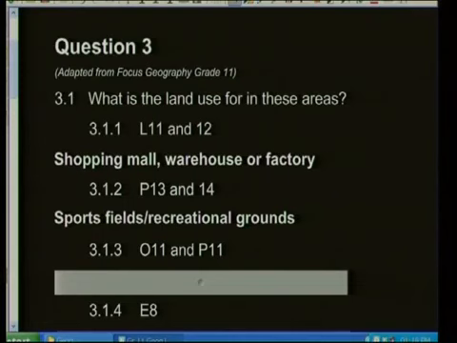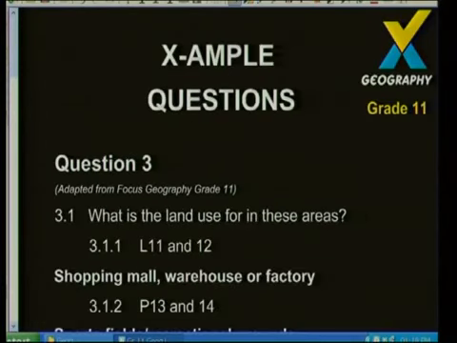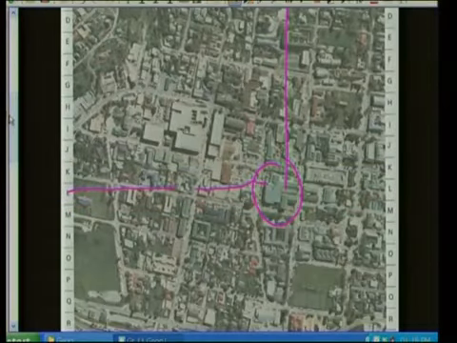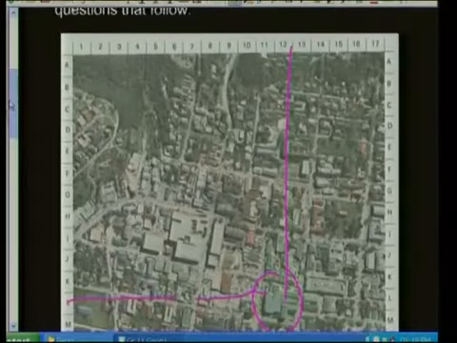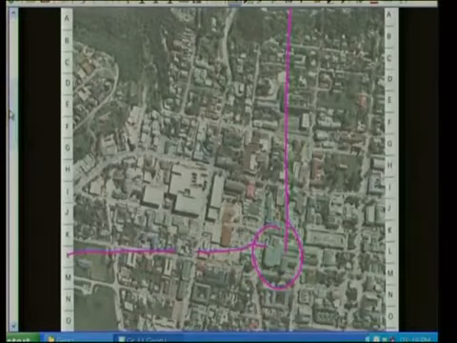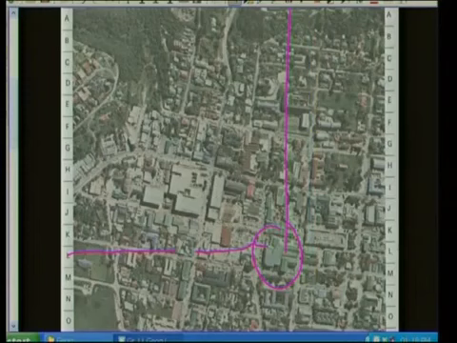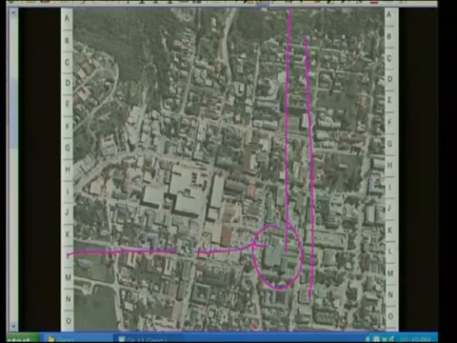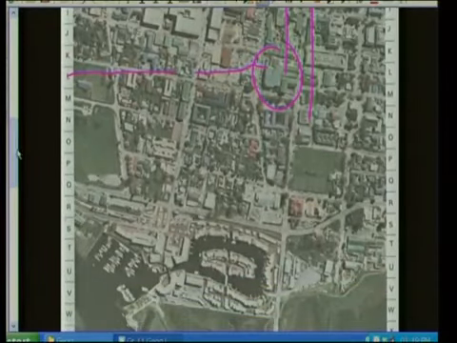I'm just going to check that again, P13 and 14. Let's look at it here. I know 13 and 14 is coming down here, and there's P here.